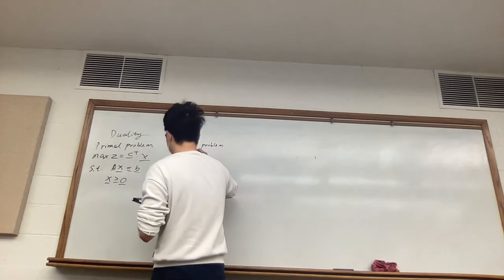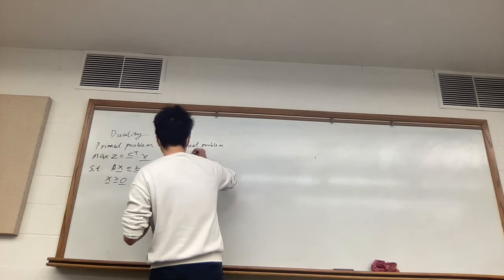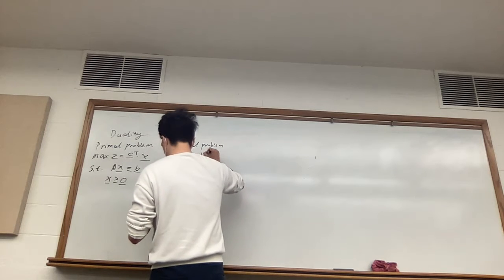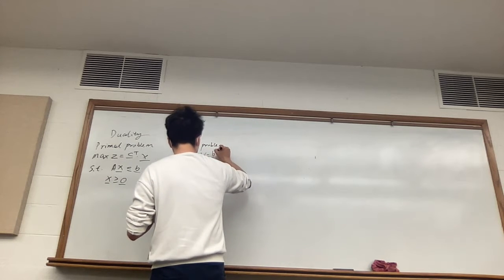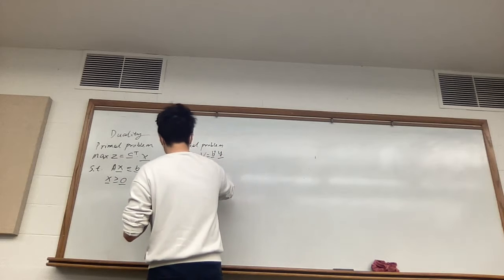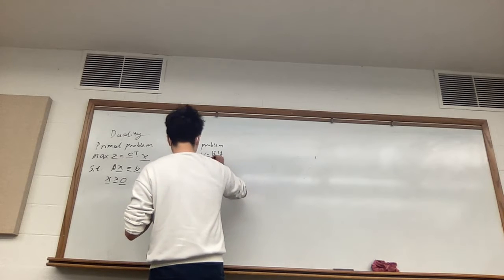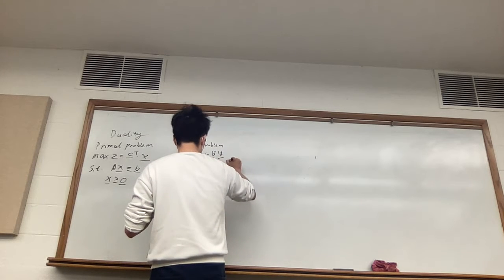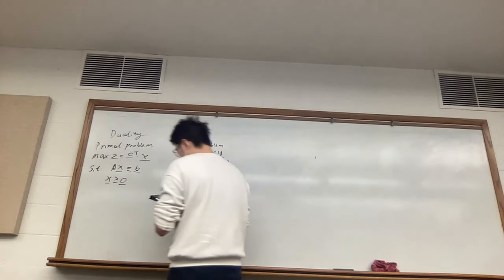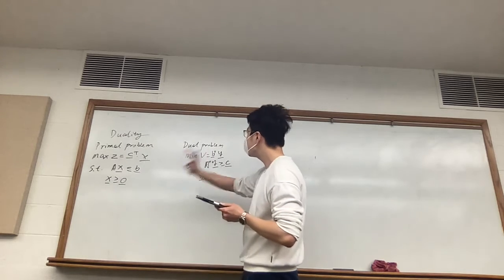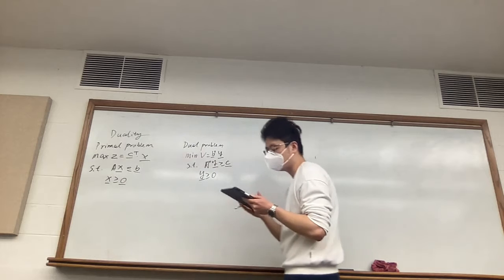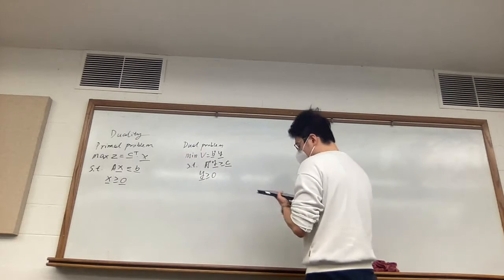And the dual problem is: minimize V equals b transpose y, such that A transpose y greater than or equal to c and y greater than or equal to 0. First I write it down here, and I will give you an example to illustrate what it means.